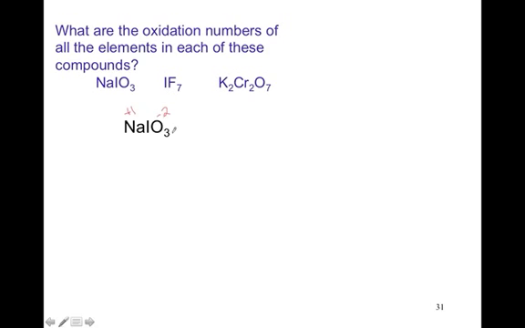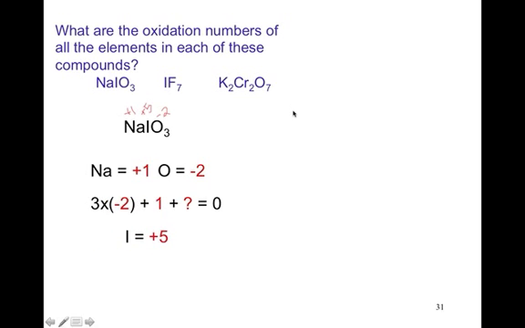So if I've got -6, +1, and my whole charge on this compound is neutral, then I suppose I'd need +5 for iodine. So +1, +5, -6. Yep, that's neutral. Looks good to me. I hope that's right. Let's see. +1, -2, +5. Got it. Not too bad.